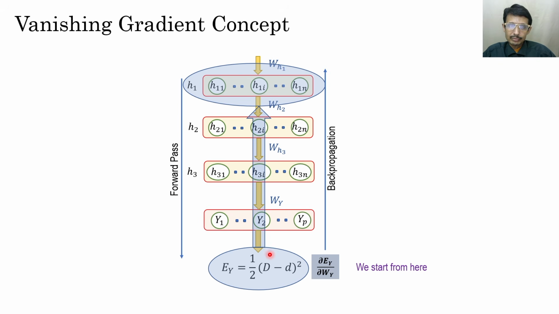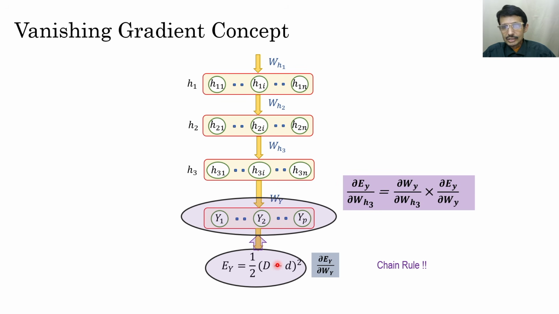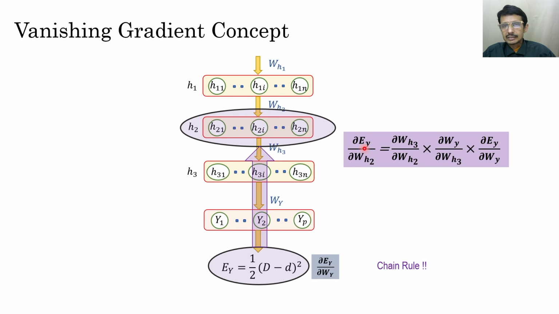Now let us go step by step. In the first step, we use the chain rule to find the gradient with respect to h3. To calculate this weight, we need the error gradient here, and we can find this error gradient from this chain rule. Similarly, if you go to h2, you can find dE/dWh2 with this chain rule.